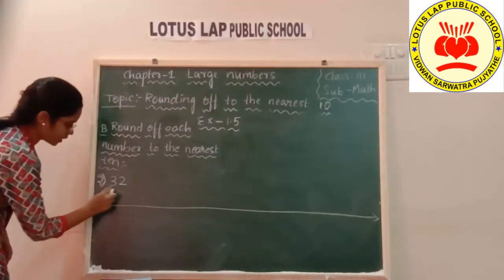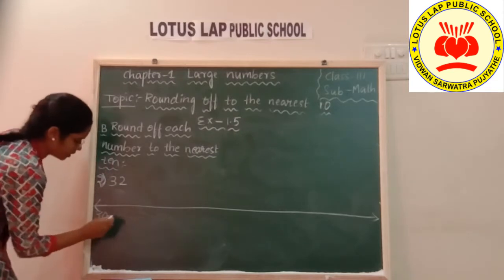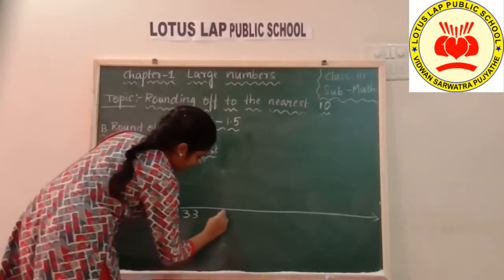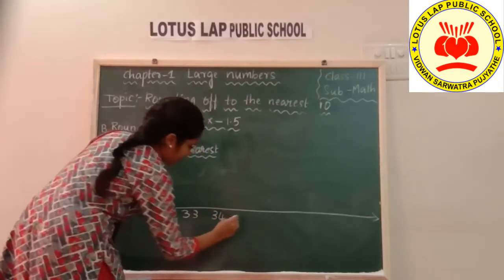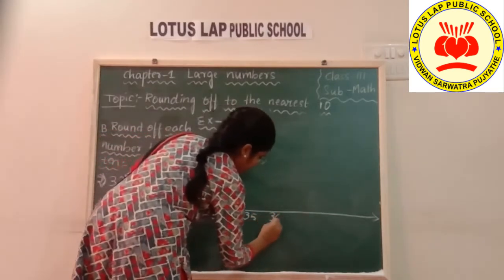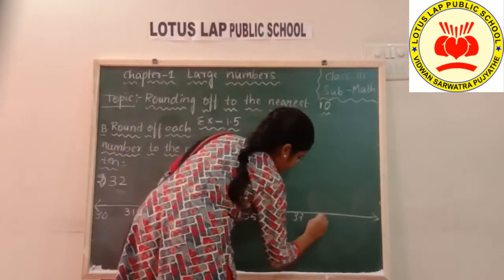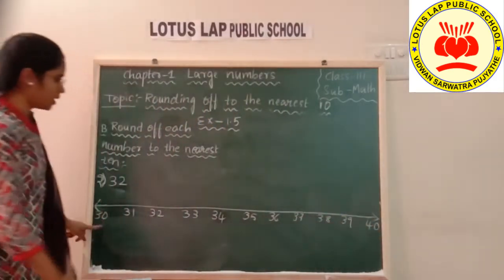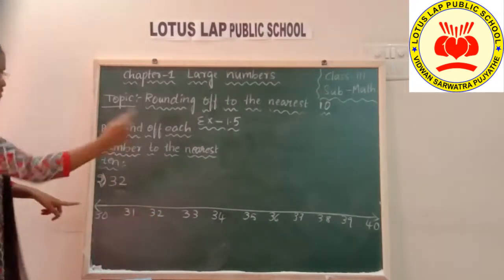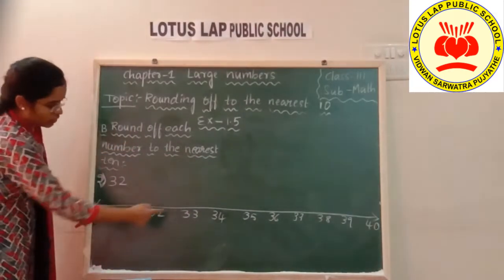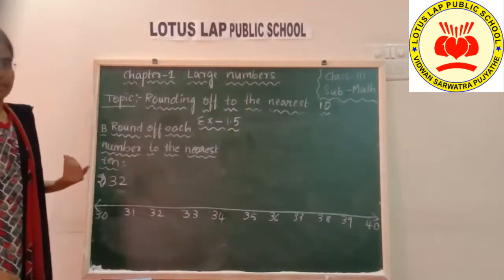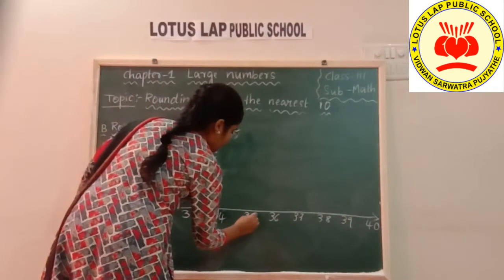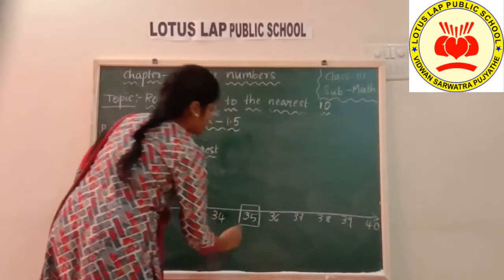It is 32, so we need to start from 30, 31, 32. Starting from 30, we end with 40, the next tens value. By following the previous problem, directly you can guess the reference value, children. That is going to be 35, the exact middle value.